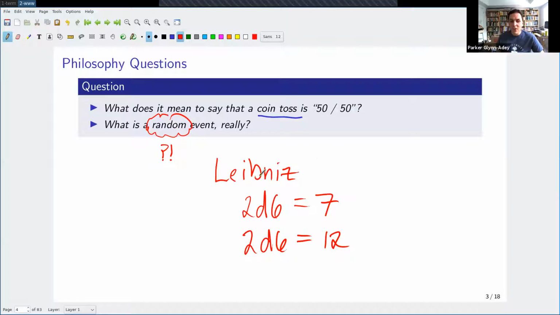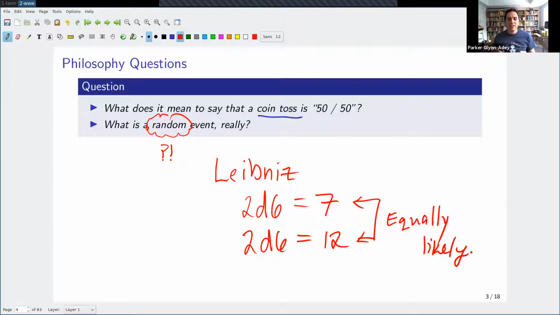Leibniz, the best mathematician of Germany of his time, thought that these two things were equally likely. And this is a dude who is as smart as Newton, arguing complete nonsense. So it's easy to get this stuff wrong.